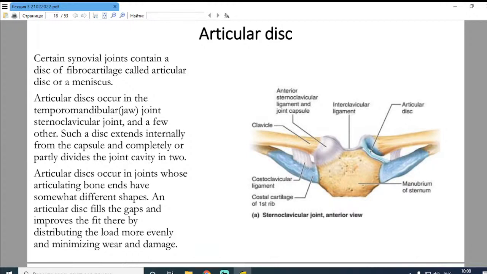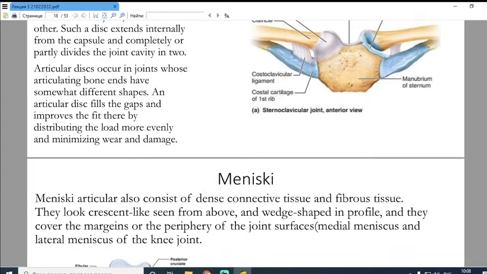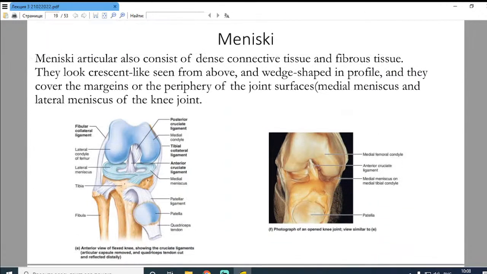So, next. Menisci. Menisci articulum also consist of dense connective tissue and fibrous tissue.